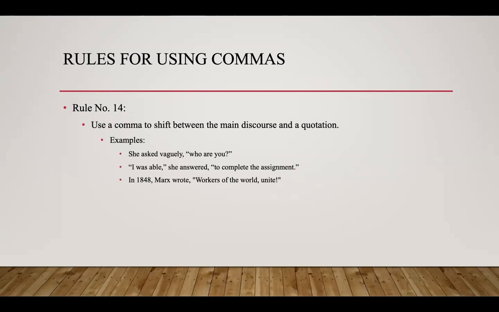Marx wrote, comma, this is what we're talking about when we deal with direct quotation. Then we have the workers of the world. Now he is addressing the workers of the world. So, comma, unite. So this is how, for example, we place a comma to deal with direct quotation in different settings or different ways.